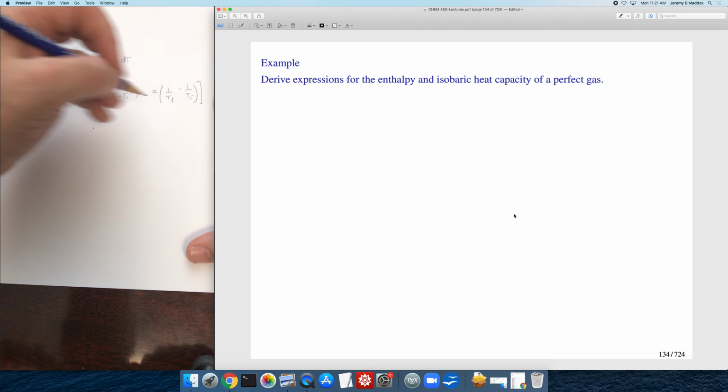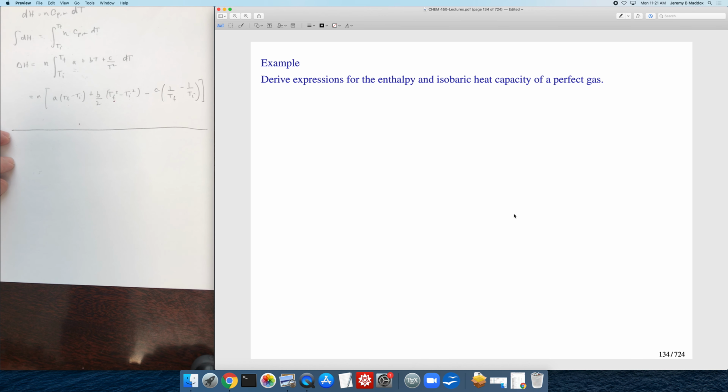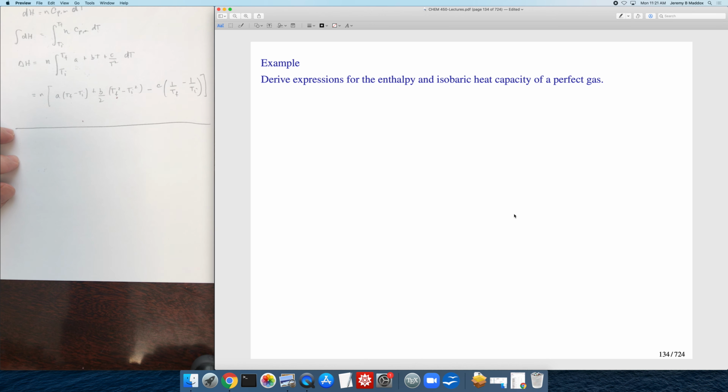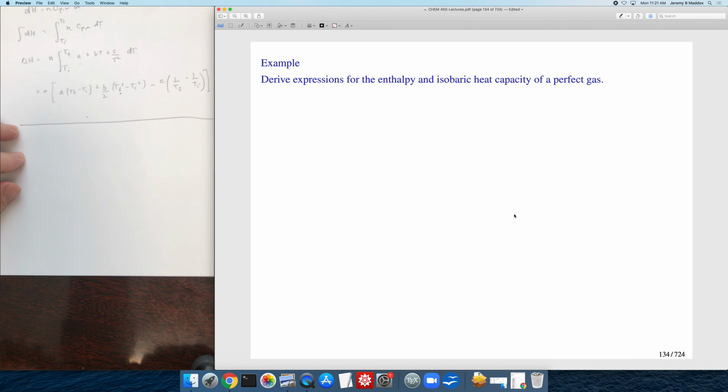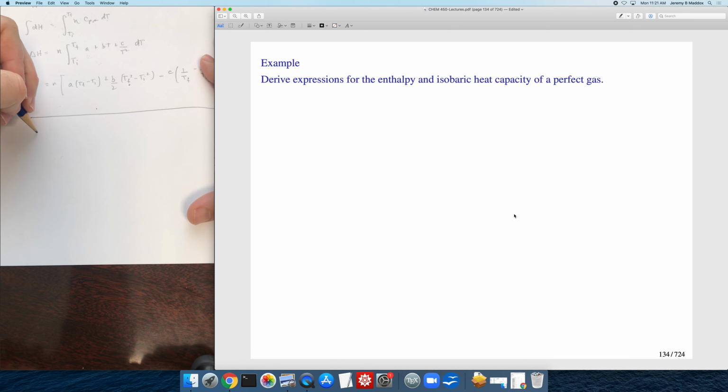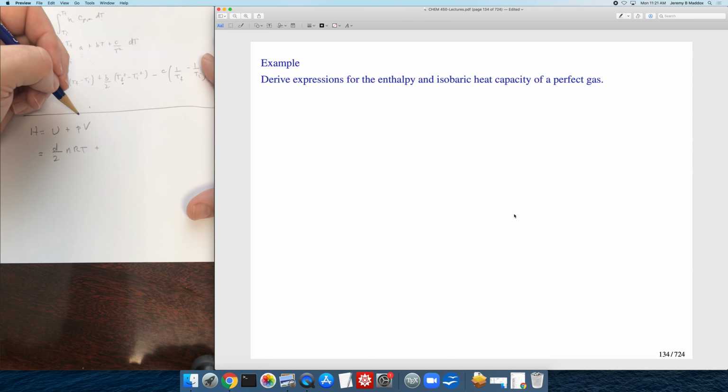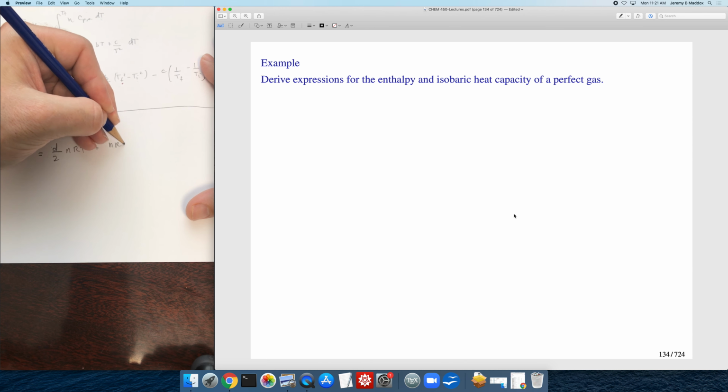In this next example, we're being asked to derive expressions for the enthalpy and the isobaric heat capacity for a perfect gas. So I'm going to go back to that formal definition of enthalpy, and then we'll consider the case for an ideal gas. Previously, we have shown that the internal energy for an ideal gas is given by the number of kinetic degrees of freedom, d, divided by 2 times nRT, so that's U. And then for an ideal gas, pressure times volume is nRT.